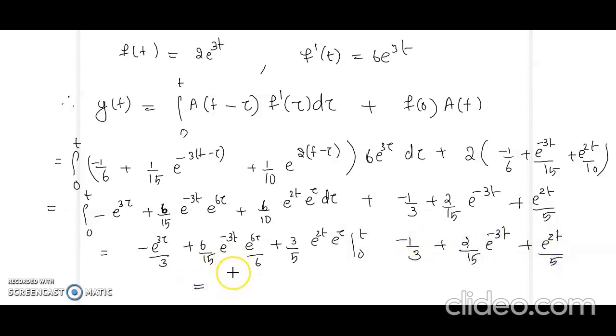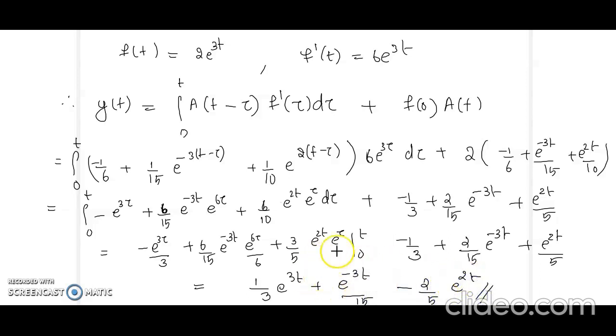So upon simplifying you are going to get 1 by 3 e raised to 3t plus e raised to minus 3t by 15 minus 2 by 5 e raised to 2t.